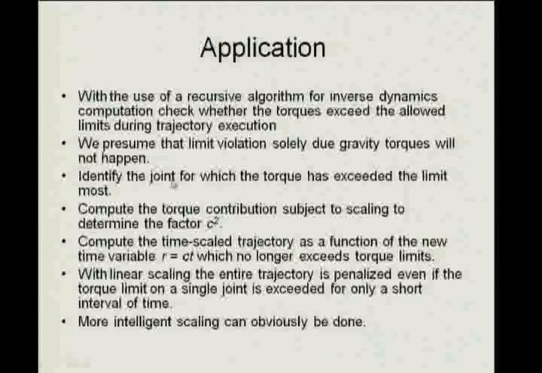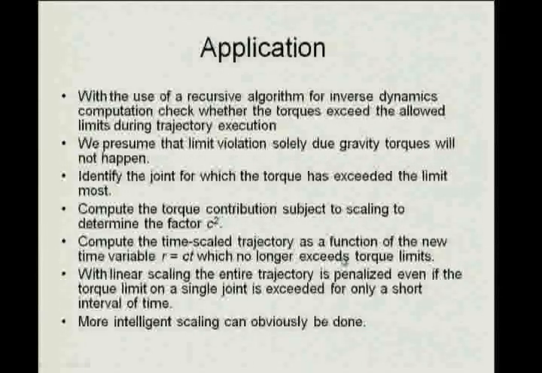Then for that joint you find out a scaling factor c if you are doing linear scaling. So, essentially if you increase the time by a factor of 2, the other torque will come down by a factor of 4. You can't work with the gravity term, wherever it is, that will not change. So, then you have a new time scaled trajectory, so it will not exceed the torque limit.